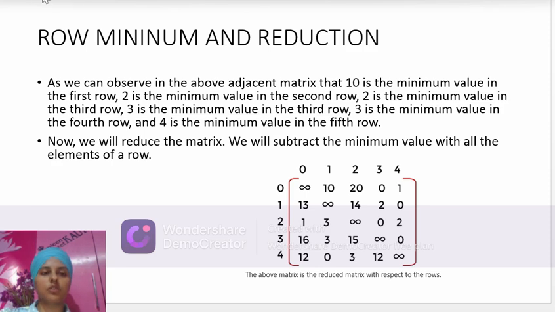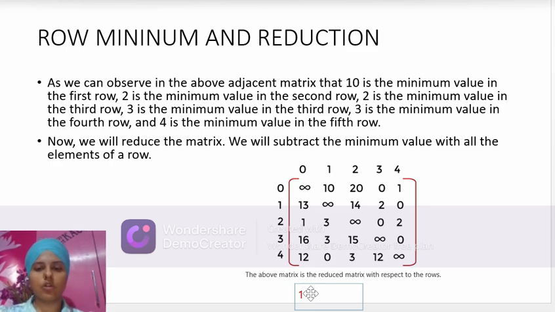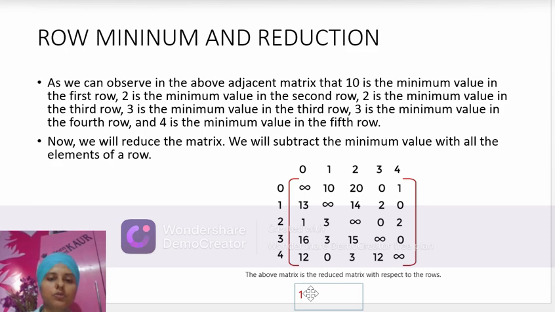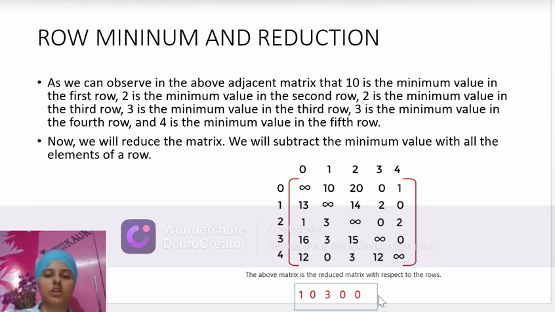So now after the row minimums we will find the minimum values from the columns. The first column minimum value is 1, the second column minimum is 0, the next column minimum comes out to be 3, the next comes out to be 0, and the next is again 0, right?